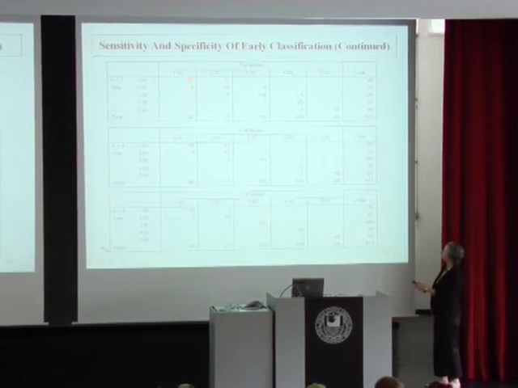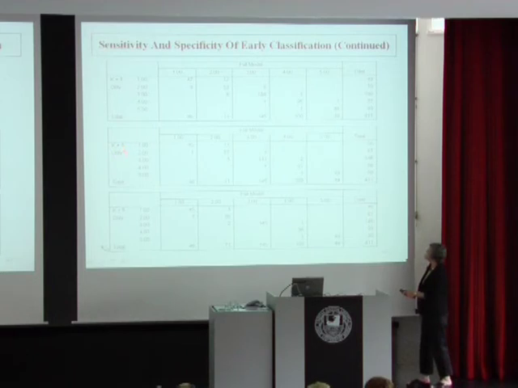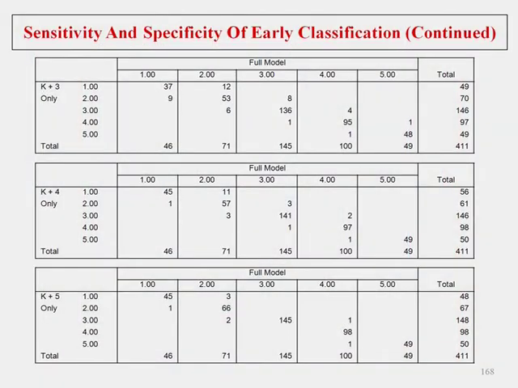We at least have 37 up here, but we still have some misclassification. Kindergarten plus 4, so this is the end of 1st grade. We have 45 that we're capturing with 1 being misclassified, but we're getting 11 extra kids over here that really aren't having problem behaviors.